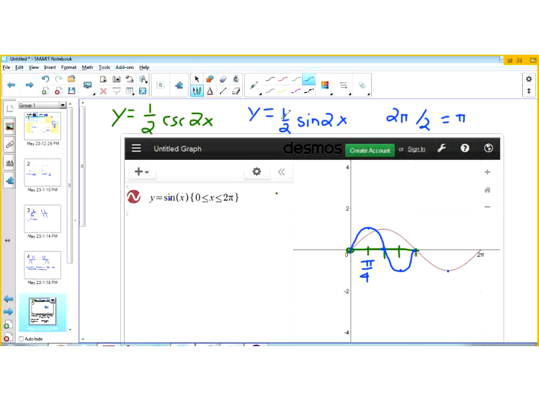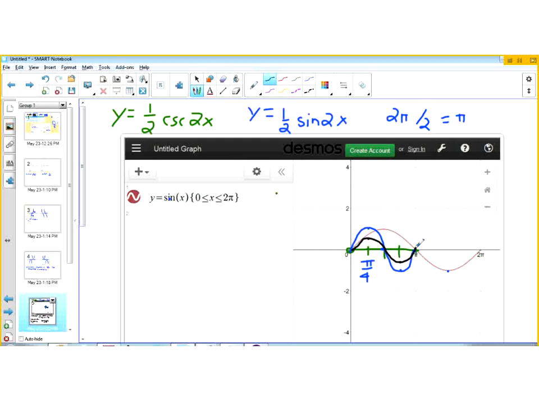Now, what remains? We have to compress this vertically by 1/2. So instead of an amplitude of 1, we'll have an amplitude of 1/2. Let me show that in black. We just multiply the outputs by 1/2 and we get this black curve.